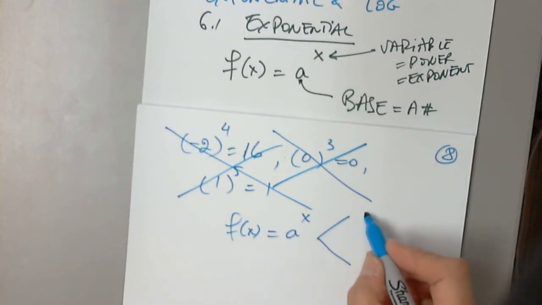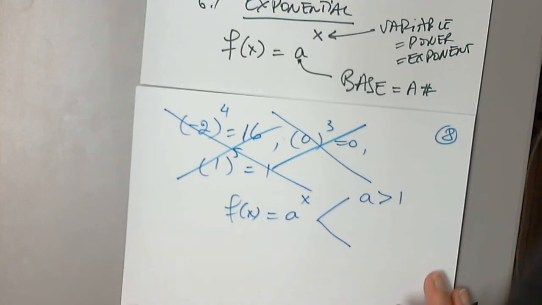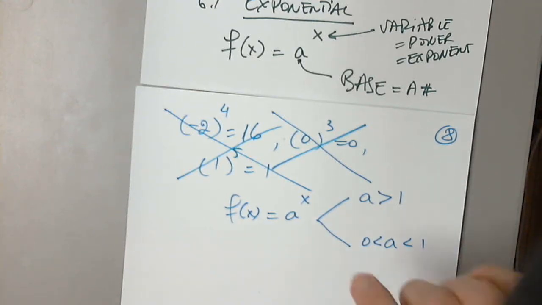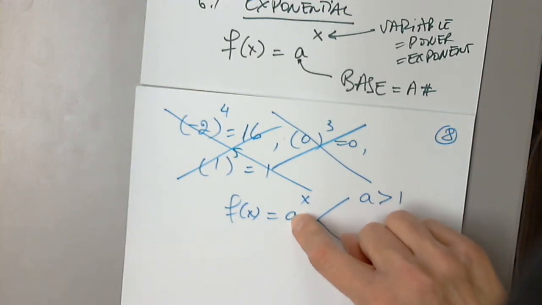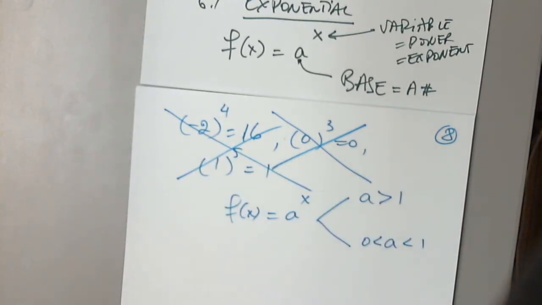The base of the exponential function can be strictly greater than 1, or between 0 and 1. The question is, why? Why can't I have the base of 1, 0, or a negative number?